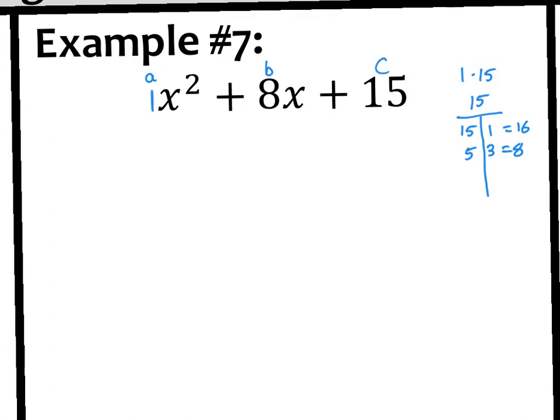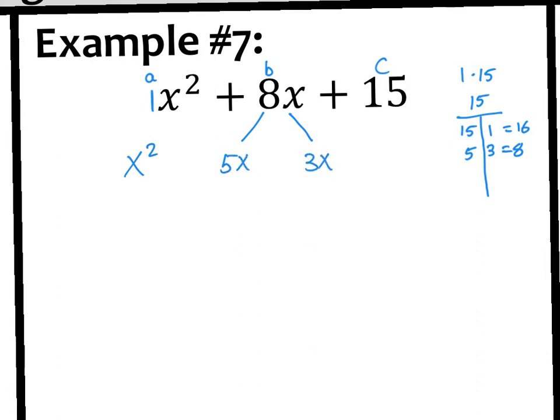So what we're going to do is we're going to do a process called split the middle. Okay, where we drop down our first term, x squared, but then we take that 8x and we split it into two different terms, 5x and 3x.